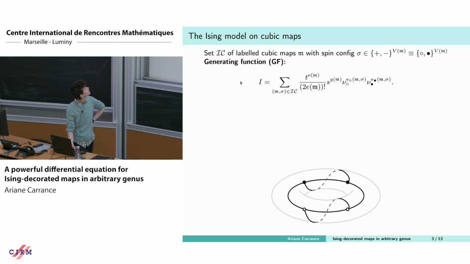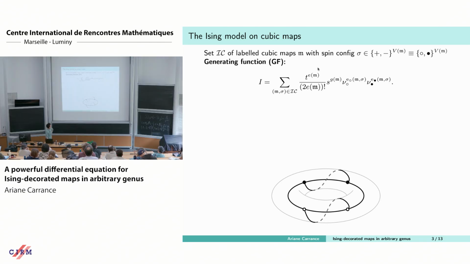This generating function, which is for now just a formal object, enumerates these Ising-decorated cubic maps with respect to their number of edges with a variable t, their genus with a variable s, and the number of white-white and black-black edges in the spin configuration with respect to the variables nu white and nu black.